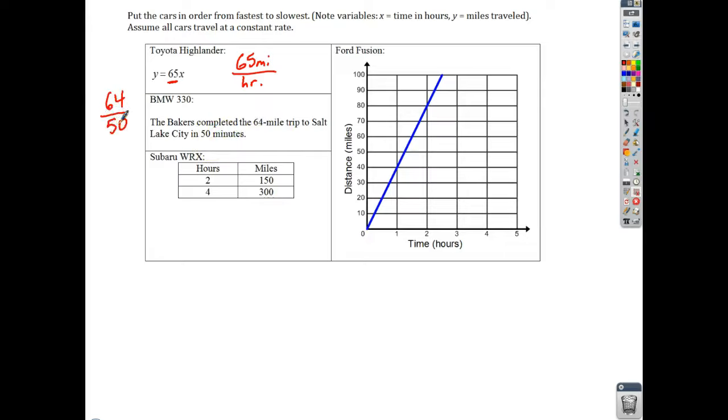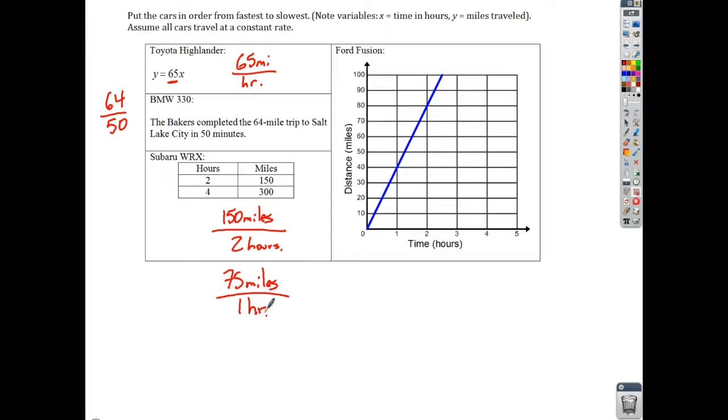So we have to find out how much it is for an hour. Let's hold off on that one for a second. Let's see about this one. The WRX is going 150 miles in 2 hours, so this one is traveling at 75 miles per hour.